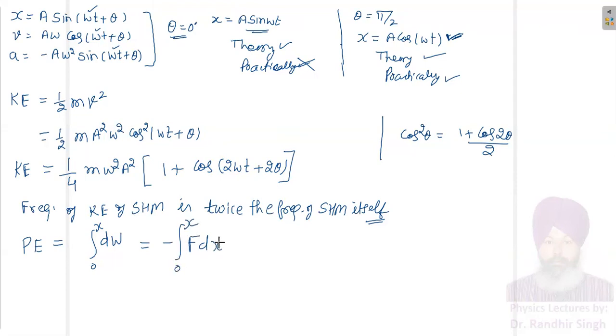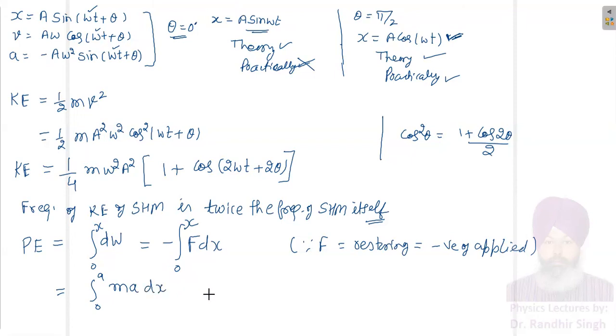Why? Because F was the restoring force, and to stretch the spring we have to apply force, and the restoring force is always equal to the negative of the applied force. So the applied force will be minus F. F was actually ma, so it will be the integral from 0 to a of m a dx.